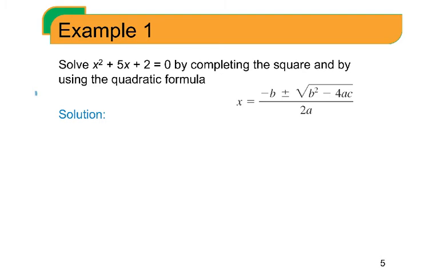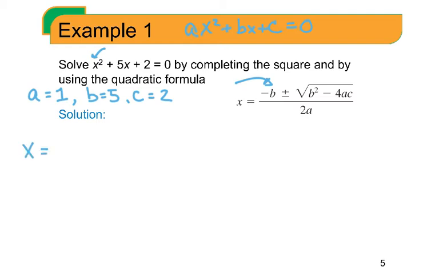So, what is A? A is the number in front of x squared. So A equals 1, B equals 5, C equals 2. So now we're going to substitute those values into here.